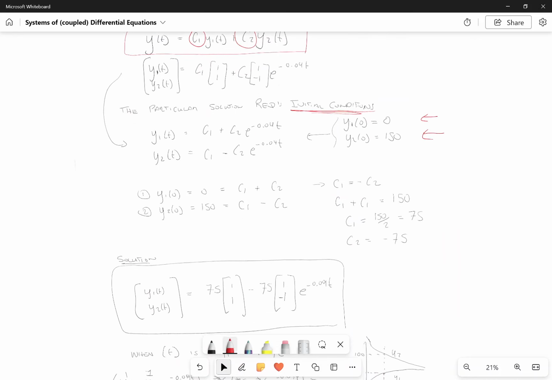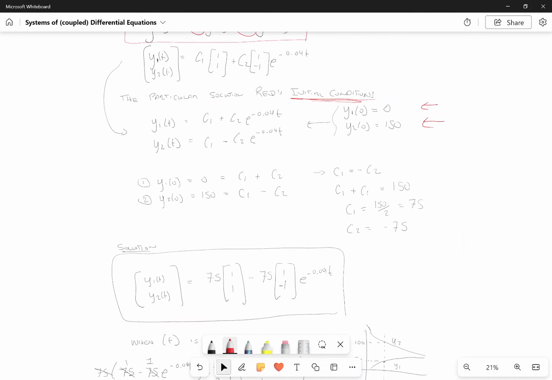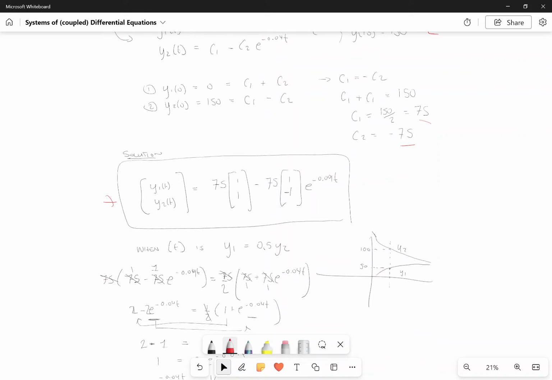We use that to solve for C1 and C2, getting 75 and negative 75. We sub them back in and put it back into matrix form. This is our solution to the differential equation. It will tell us everything we need to know about this coupled system.